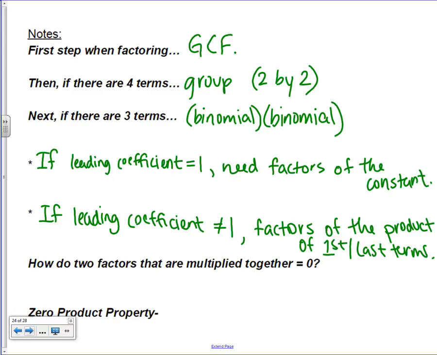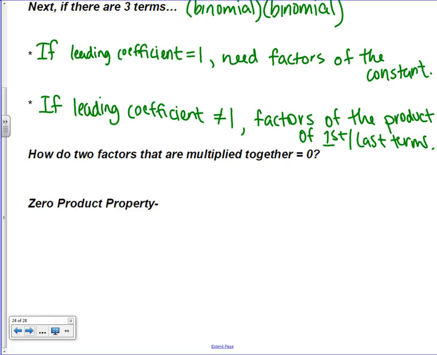Okay. Two more reminders for you. How do I have 2 factors that are multiplied together to be 0? Remember, the only way to multiply together to be 0 is one of the factors must be 0. That's the only way to get 0 when we are multiplying.